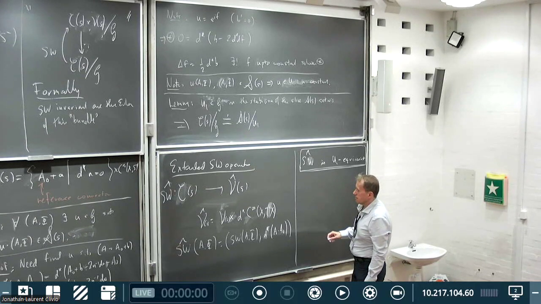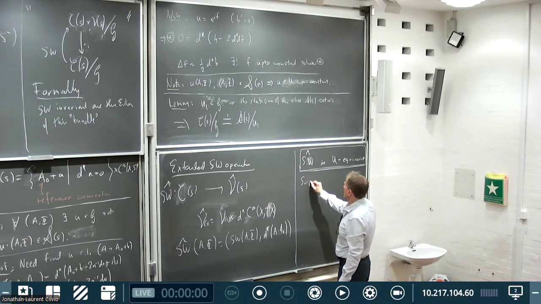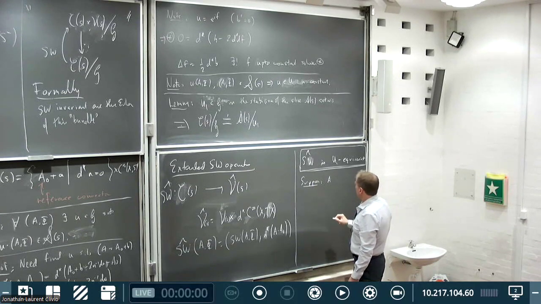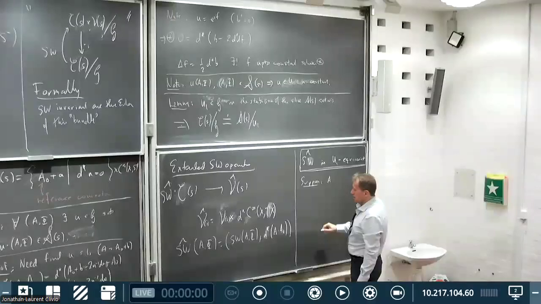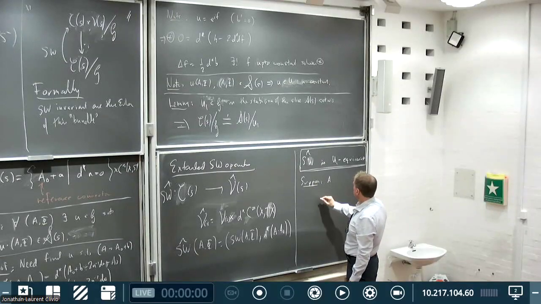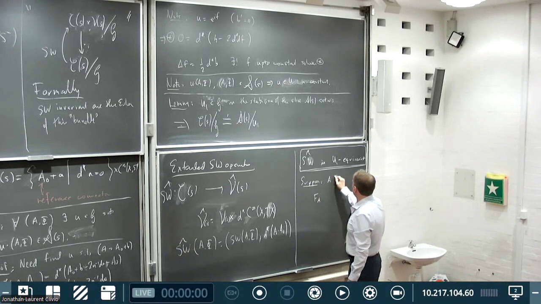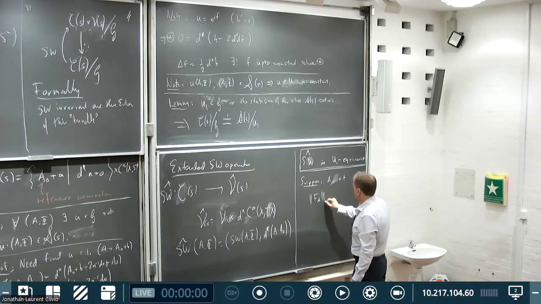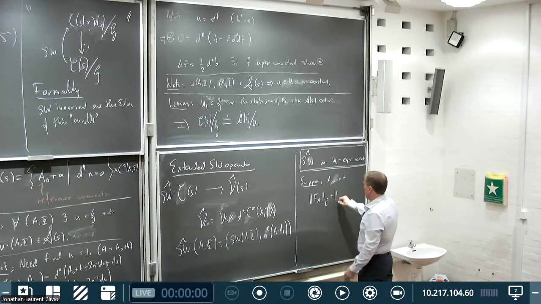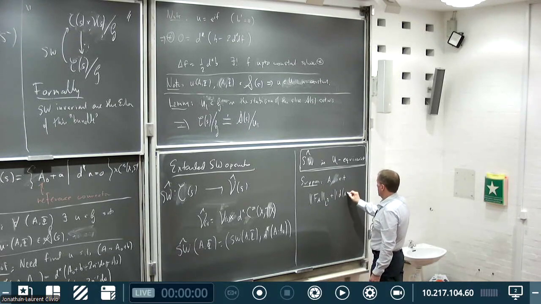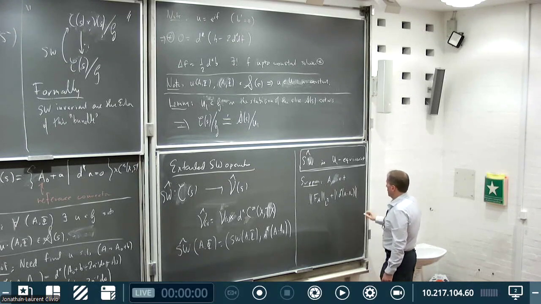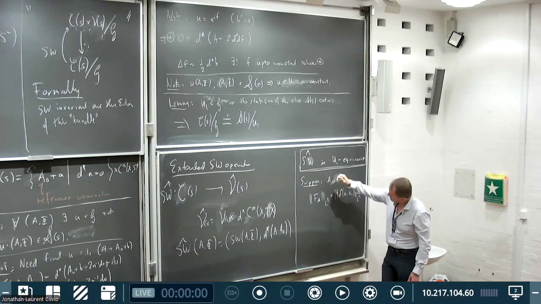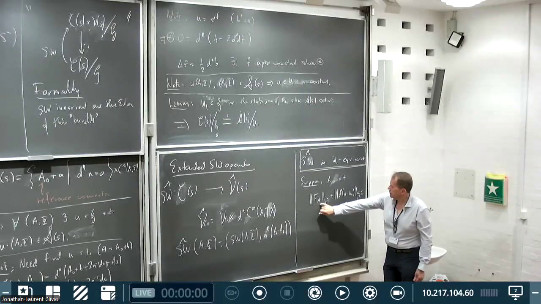Suppose we have an A such that we have an L2 bound on this, and we have this Hermitian connection, and we have an L2 bound on its curvature.